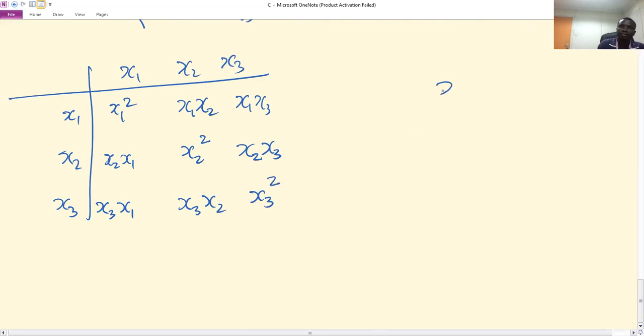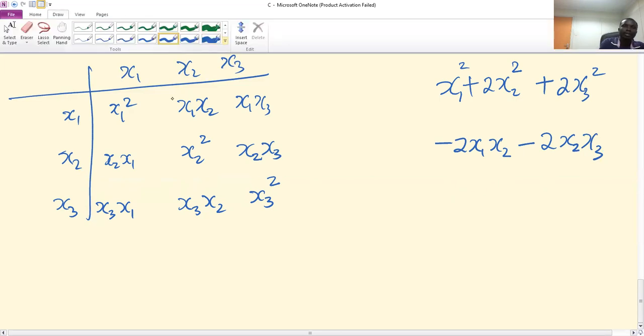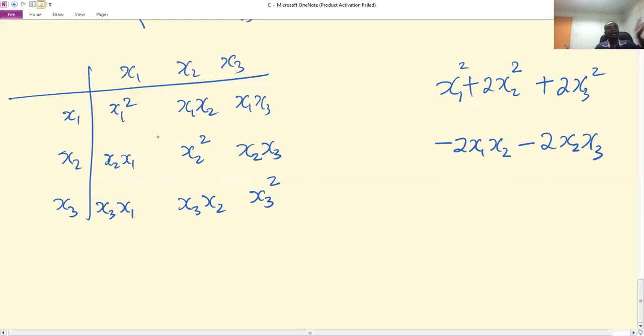And the quadratic form is x1 squared plus 2x2 squared plus 2x3 squared minus 2x1x2 minus 2x2x3. So let's see how you fill in the numbers. The easiest place to fill is the diagonal: the coefficient of x1 squared is 1, so you write 1. x2 squared is 1, x3 squared is 2. So those are the first numbers to fill.